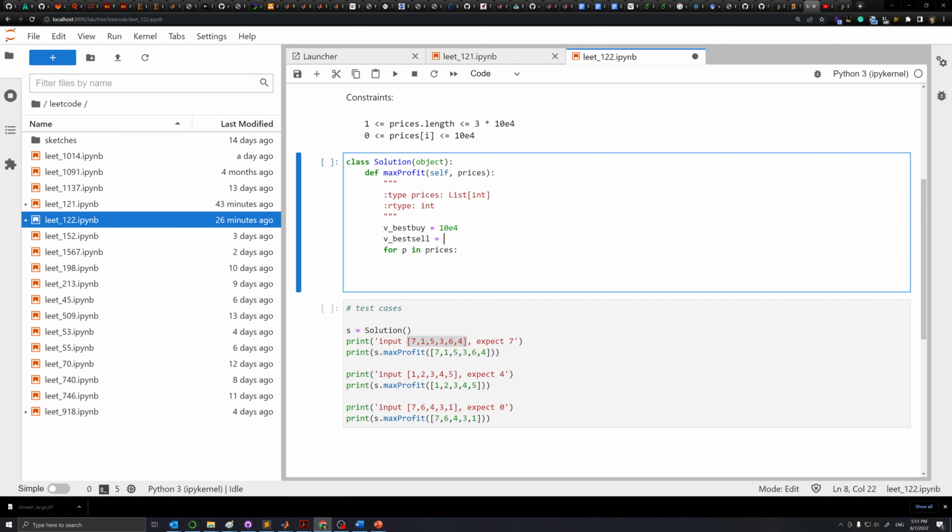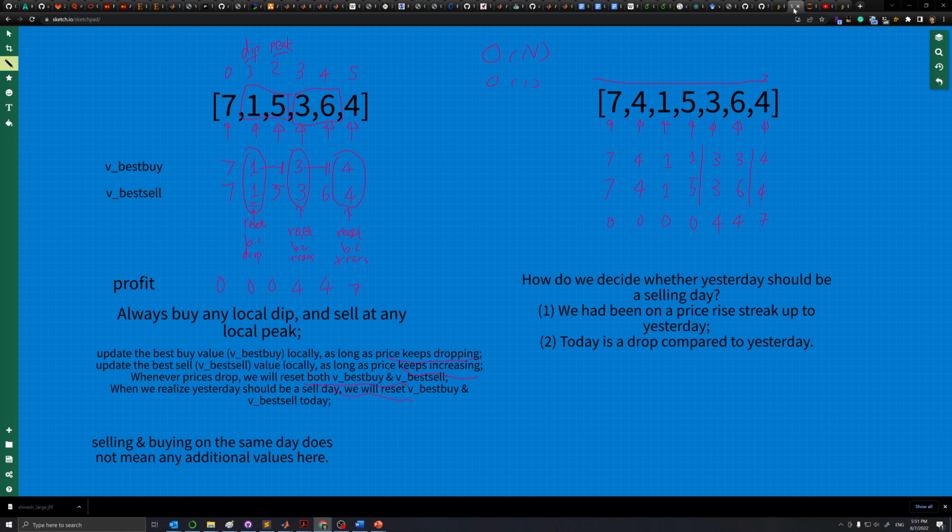So like always, initialize with the worst case scenario. Do the same here. And then once we're doing this for loop, we want to be updating these two values, and we also want to judge if we are at a selling date. That's the first judgment to make.